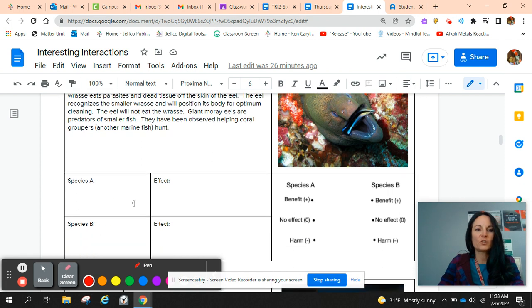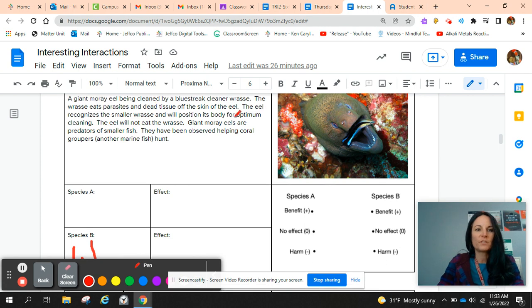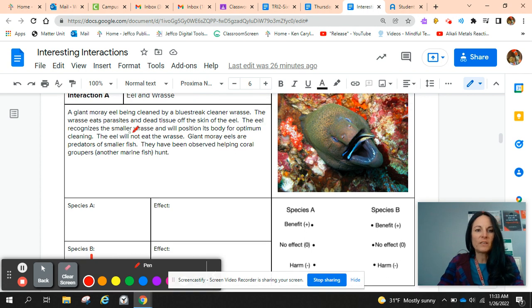Okay, so I assume you're back and you're looking for species B, which is our wrasse fish, right? Starts with a W. So what is happening to this fish? So we come back up here and we see, the eel recognizes the wrasse. He's letting it clean it. He's not going to eat it, even though he's a predator of small fish. Is the wrasse getting anything out of this?